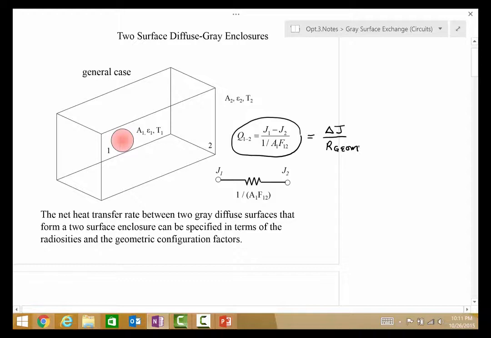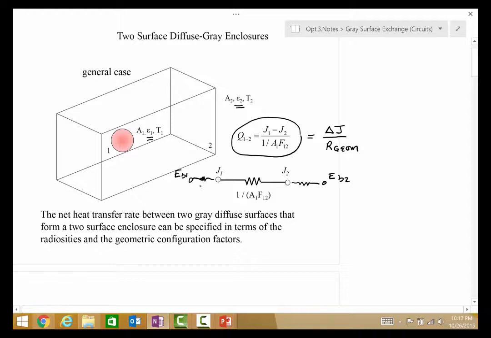So the thing that we need to really think about now is how do we incorporate the surface properties epsilon 1 and epsilon 2 into an overall resistance statement, and how do we tie these to the overall driving potential in the system, which oftentimes is simply the blackbody emissive power.